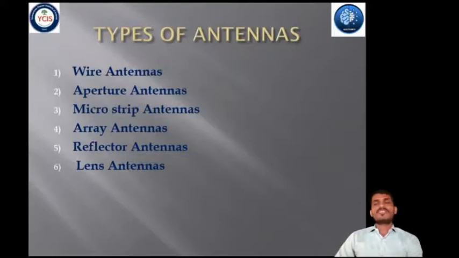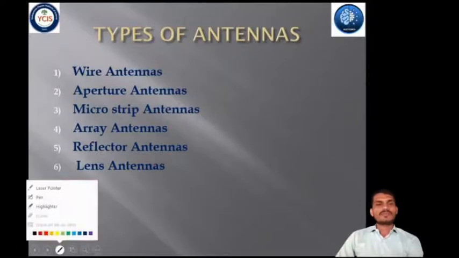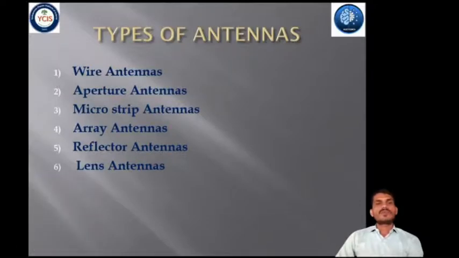These are the 6 different types of antenna: the first one is wire antennas, the second one is aperture antennas, the third one is microstrip antenna, the fourth one is array antenna, the fifth one is reflector antenna, and the sixth one is lens antenna. These are the different types of antenna. Now we will see these antennas one by one in detail.